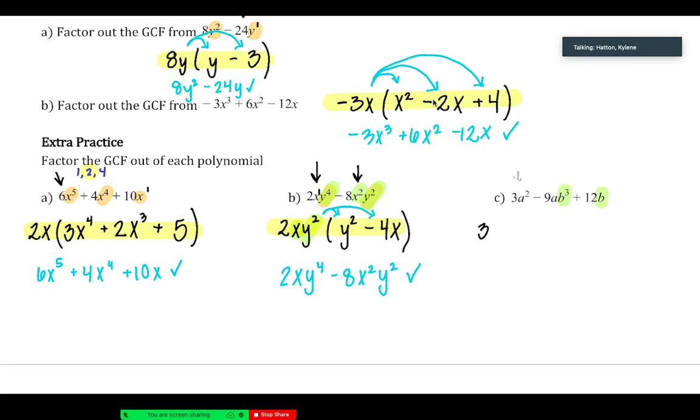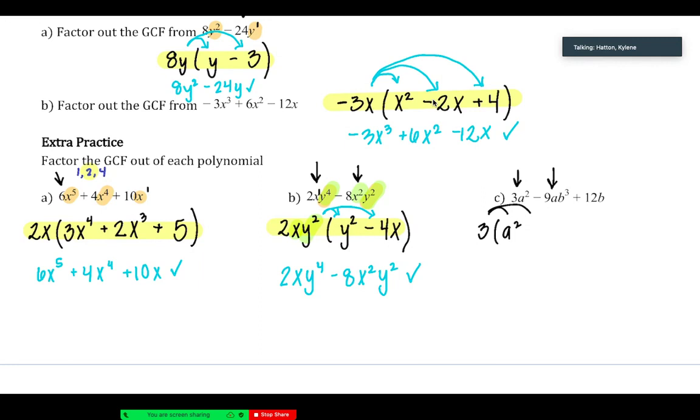So that means that my only common factor is that 3, and then I can go ahead and start to figure out what stays inside the parentheses. So 3 times what is going to get me to 3a squared? Well, I'd have to multiply 3 by a squared to get to 3a squared. And then 3 times what is going to get me to negative 9ab cubed?